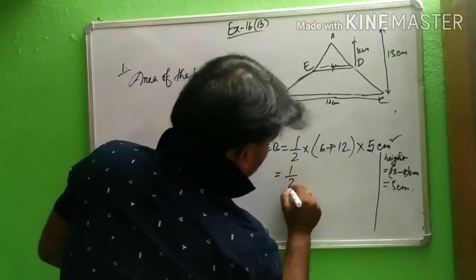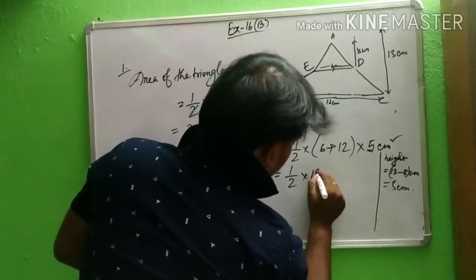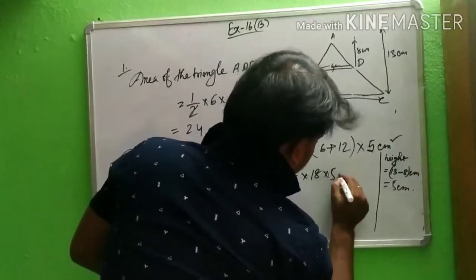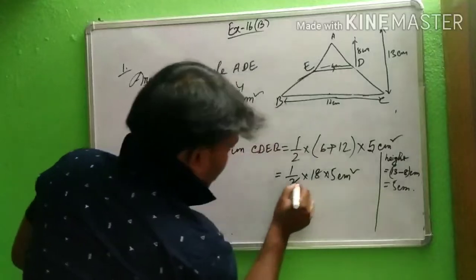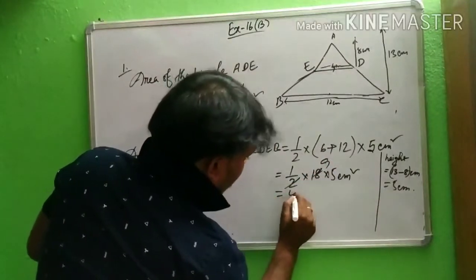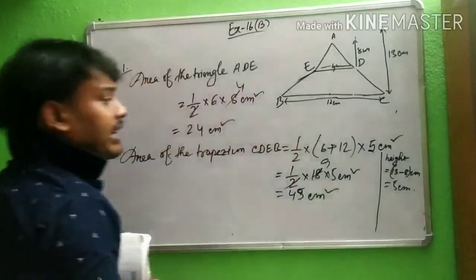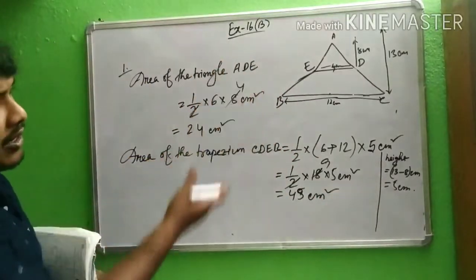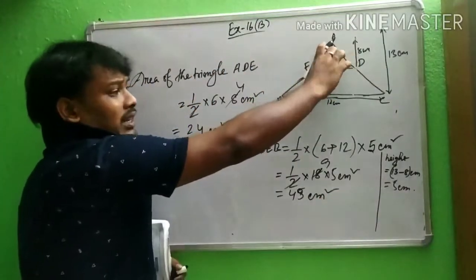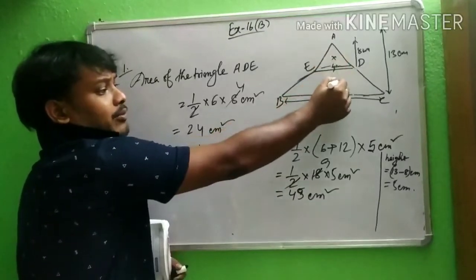So what is the value? Half into 18 into 5 centimeter square. So it becomes 45 centimeter square. Therefore area of the figure, the area of the polygon, that means area of this one plus area of this one.